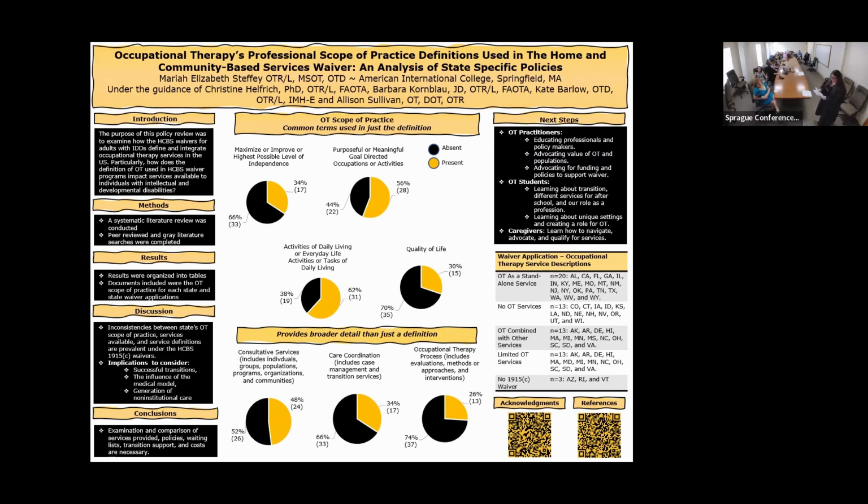So this shows us that these inconsistencies between the state's occupational therapy scope of practice, services available, and the service definitions are prevalent under the HCBS 1915C waivers.